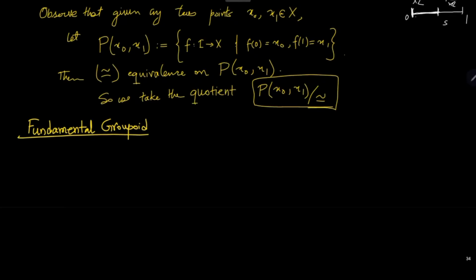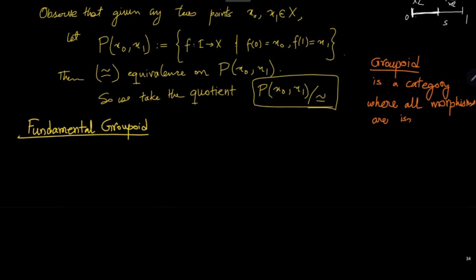Just as a reminder, a groupoid is a category where all morphisms are isomorphisms.